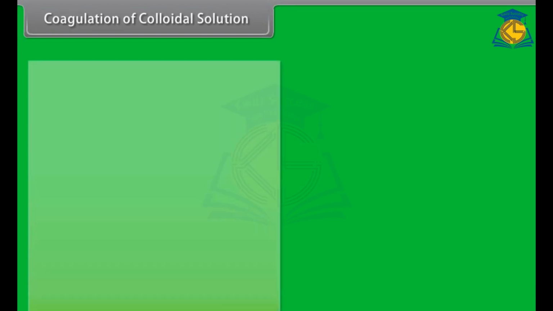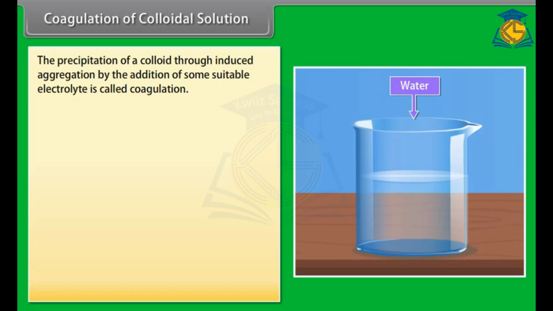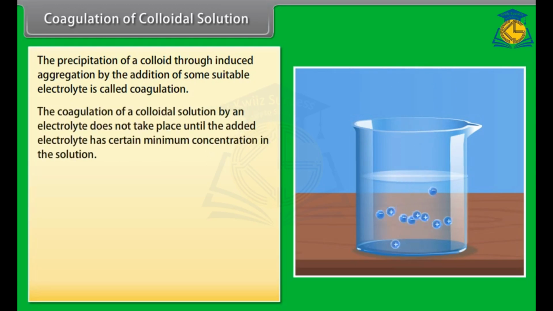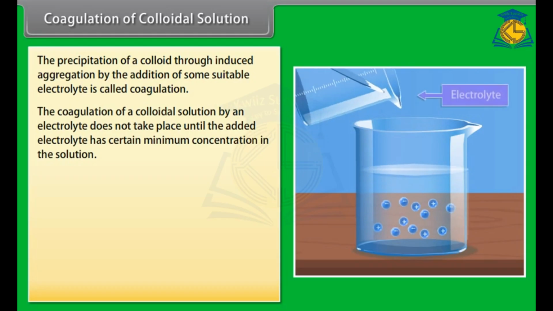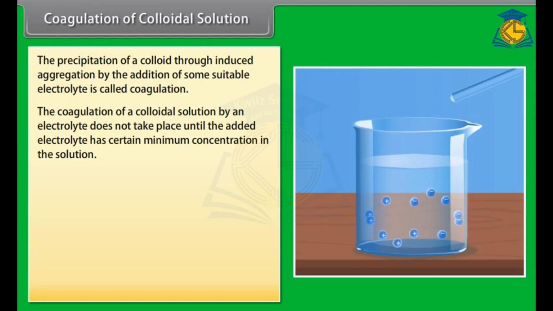Coagulation of colloidal solution. The precipitation of a colloid through induced aggregation by the addition of some suitable electrolyte is called coagulation. The coagulation of a colloidal solution by an electrolyte does not take place until the added electrolyte has certain minimum concentration in the solution.